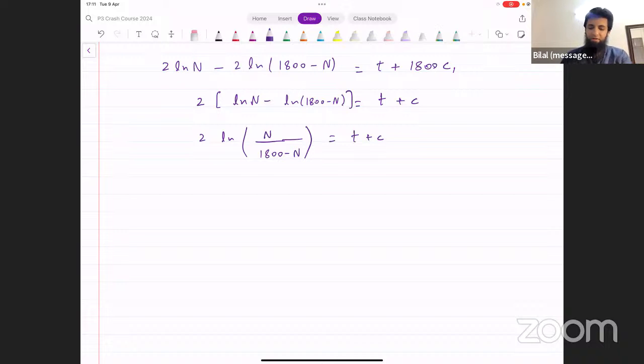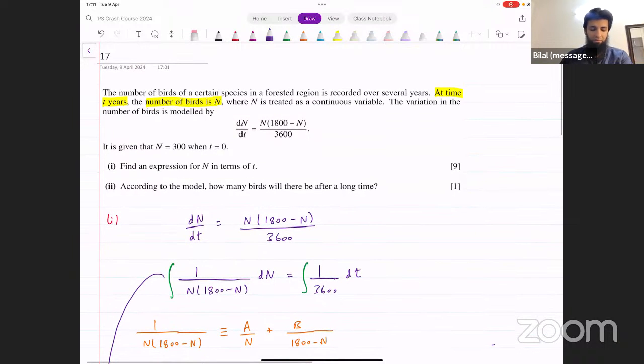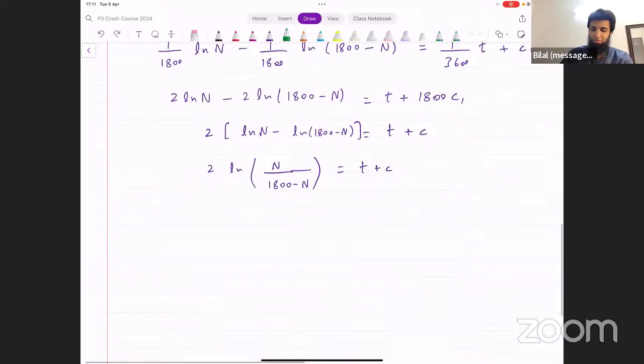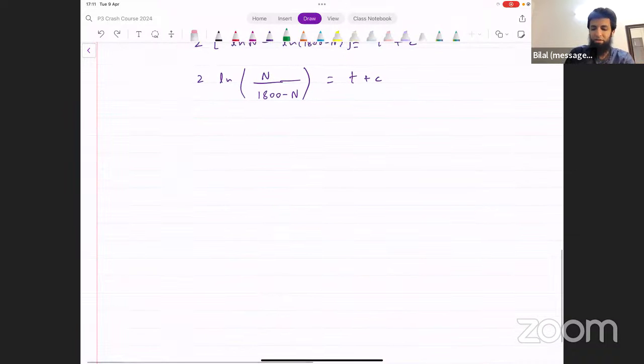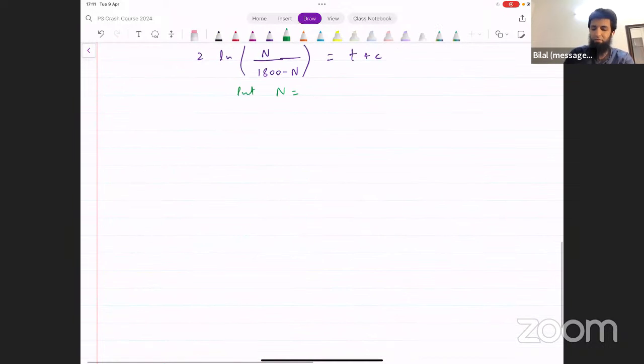In fact, we had to find the value of c as well. I missed that. So now we can find the value of c. It says n equals 300 when t equals 0. Let's use that to find the value of c now. Put n equals 300 and t equal to 0.